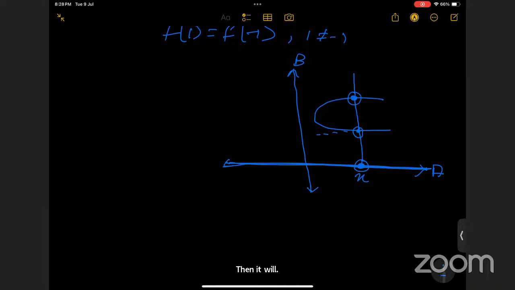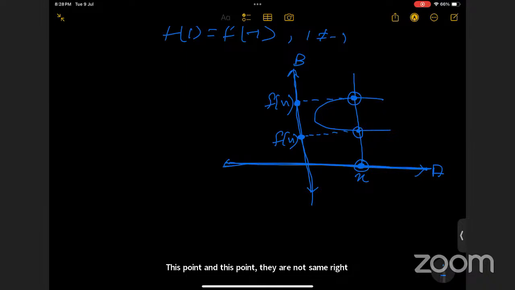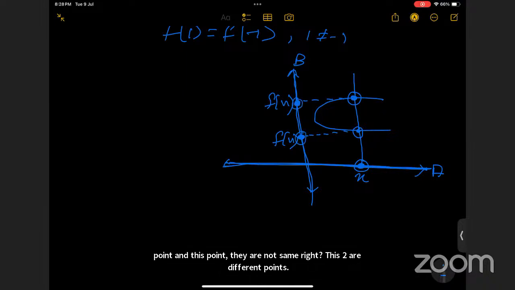So if we take the image, this is f(x), this is also f(x), right? But in the codomain, this point and this point are not the same. These two are different points. But what we know, a function can have only one image, right? The image for any point in A is unique, right? Yes, ma'am. So it will fail the criteria, right?